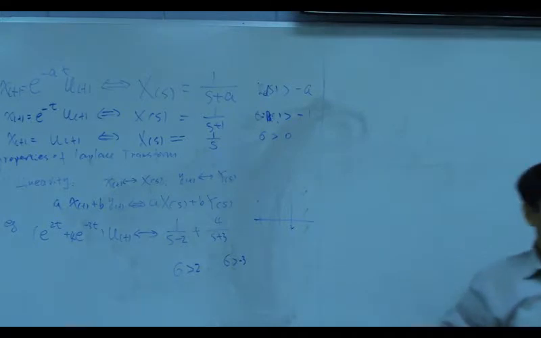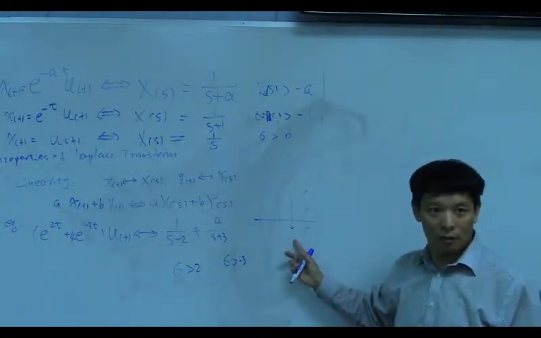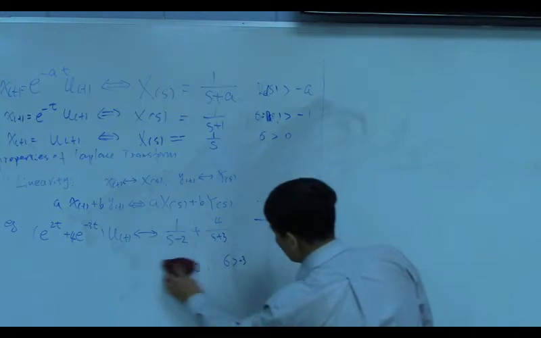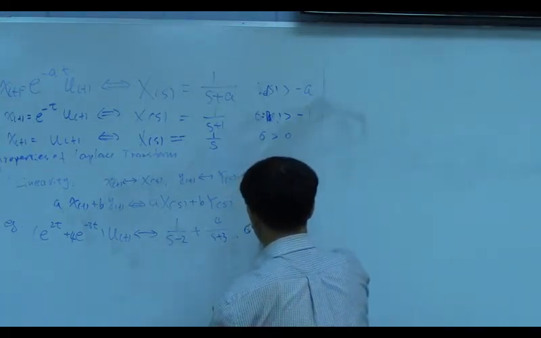So what is the overall region of convergence? These two must be satisfied at the same time. So the overall will be this one, right? So the region of convergence for this will be sigma greater than 2.